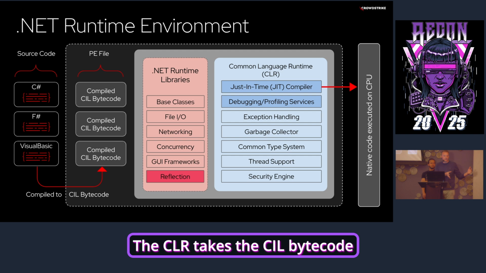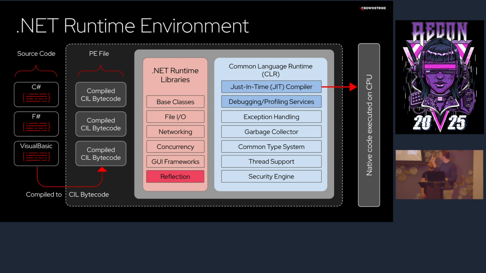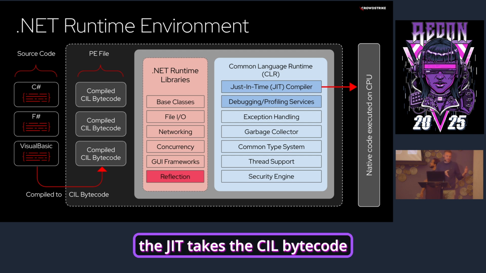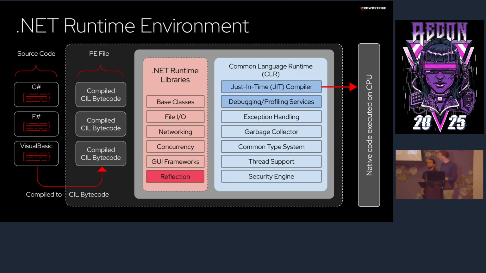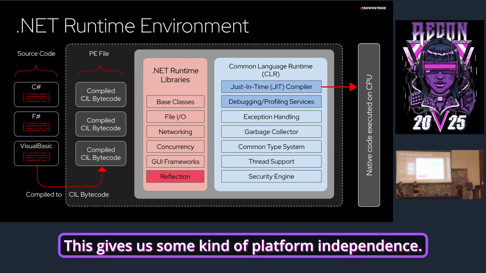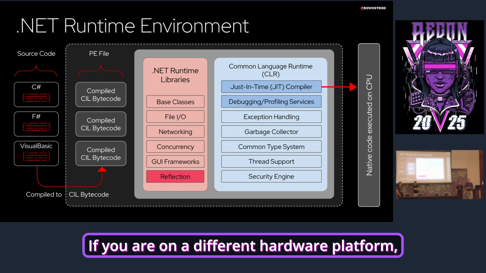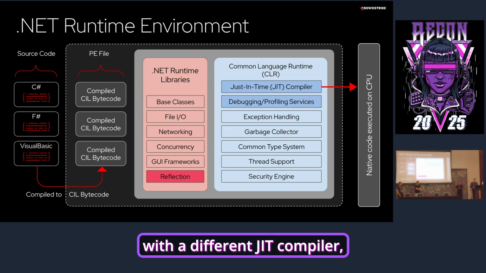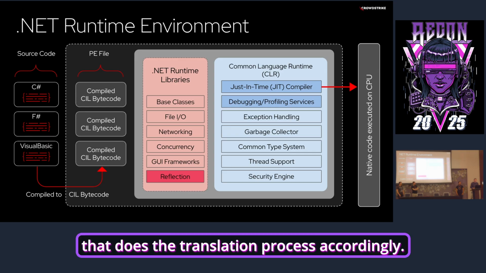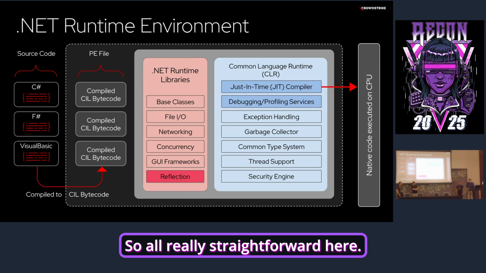The JIT takes the SIL bytecode and translates it into machine code that can then be executed on the CPU. This gives us some kind of platform independence. If you are on a different hardware platform, you would just provide a different CLR with a different just-in-time compiler that does the translation process accordingly. So all really straightforward here.